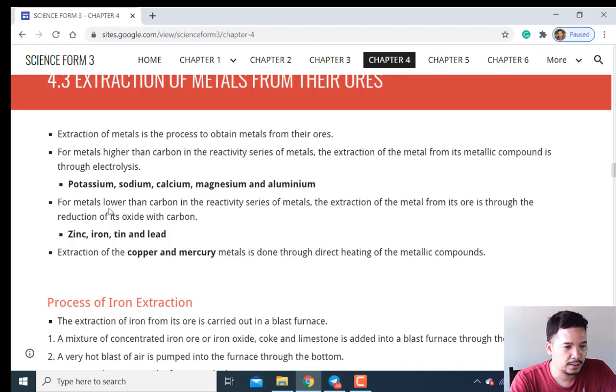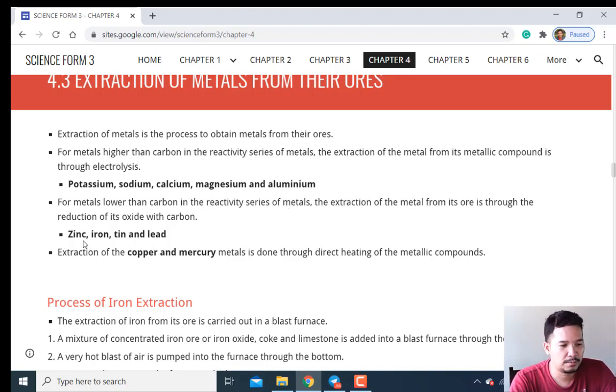Okay, for metals lower than carbon in the reactivity series of metals, the extraction of metal is through the reduction of its oxide with carbon.